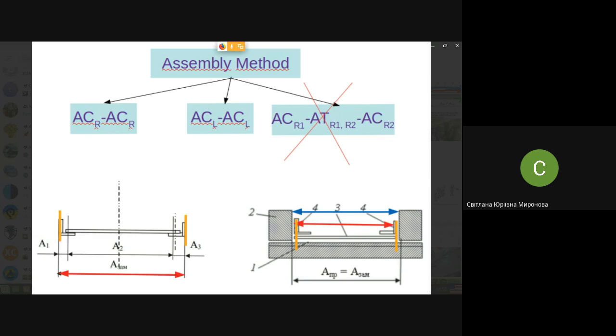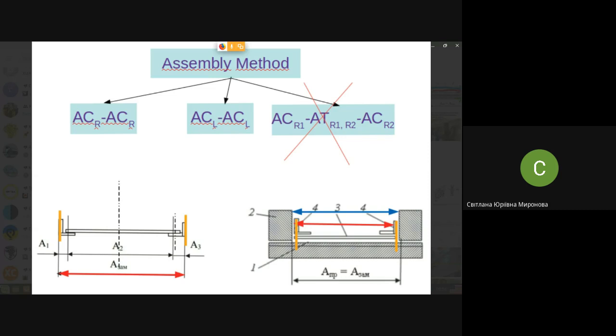It means that we are interested in the outer theoretical size of this spar, the height of this spar. How we reach the accuracy of this size is determined by the assembly method. And each time we see that we have a dimensional chain.